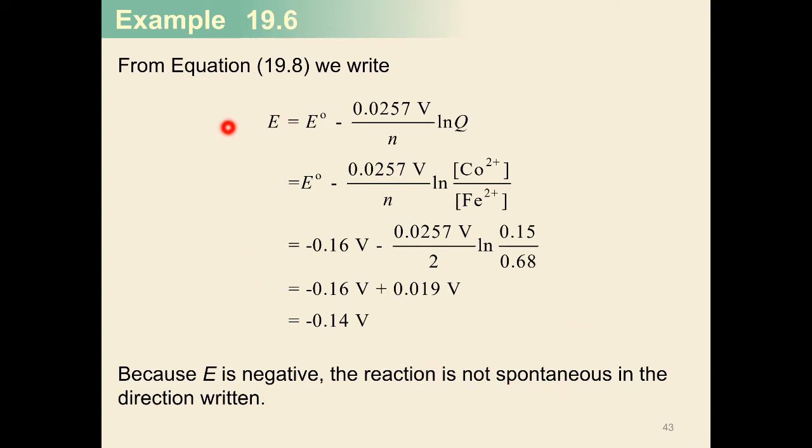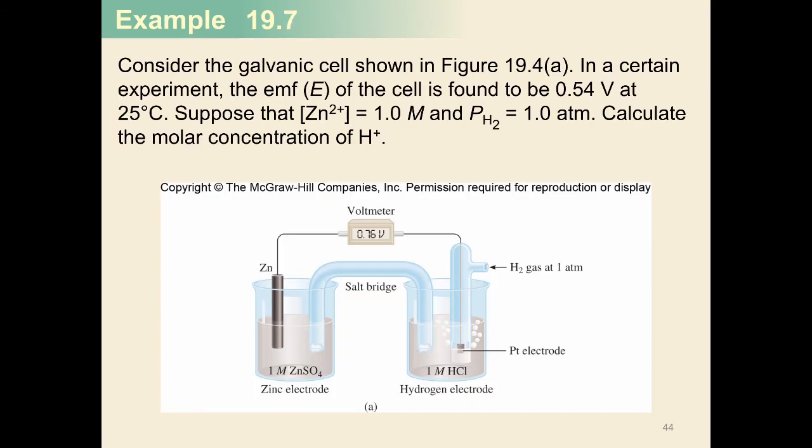So E can also be used to determine if it's spontaneous or not, but the best way is really to get the Gibbs free energy. But here, since the equation relating Gibbs free energy to E is negative nFE, you will get a positive Gibbs free energy still, because you have a negative E. So basically that's how you apply the Nernst equation.